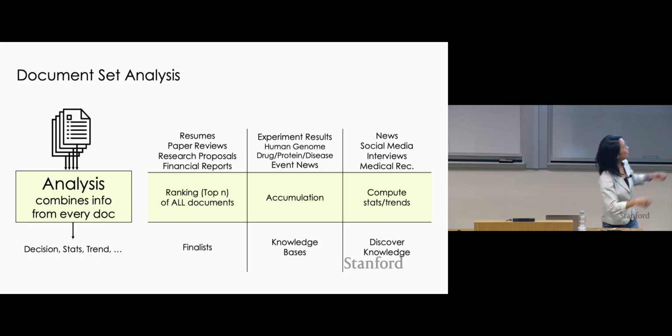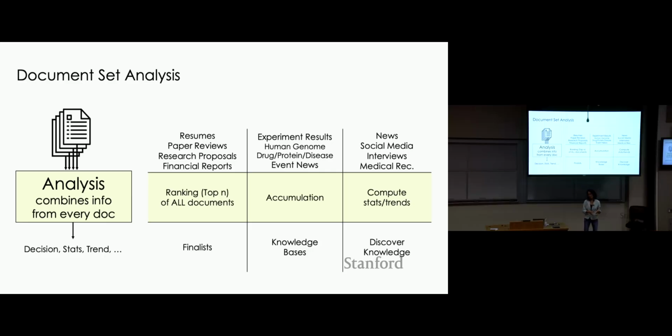It is not important to say exactly what happens to each individual. We're just looking at the trends and so forth for discovering knowledge. And so, for social media, you may just sample them. You don't actually have to read every one of them. So there are different characterizations.